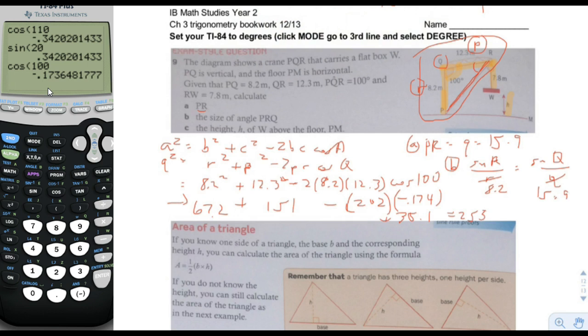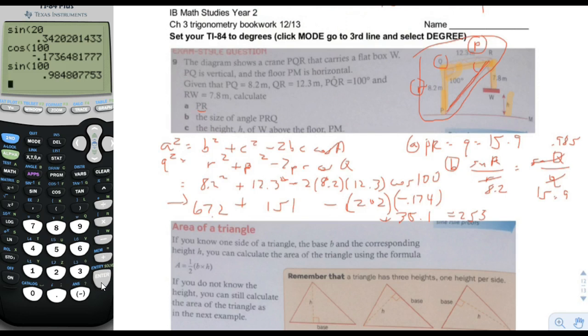Sine of Q, well, Q is 100 degrees. Let's take the sine of Q. We get 0.985. So we take 0.985, we divide it by 15.9, and then we're going to multiply it times 8.2.